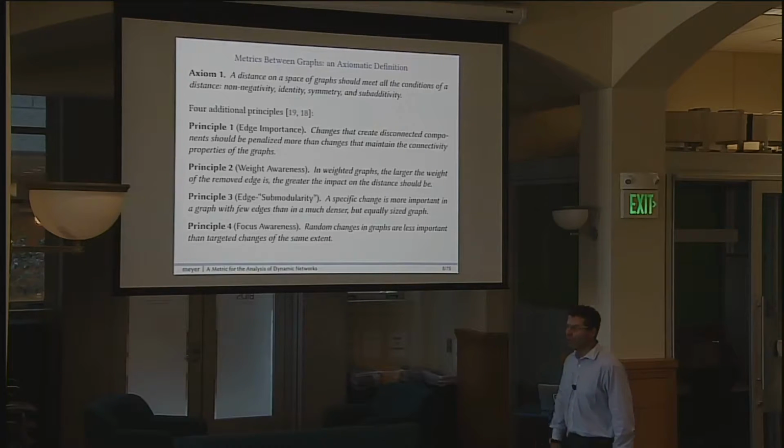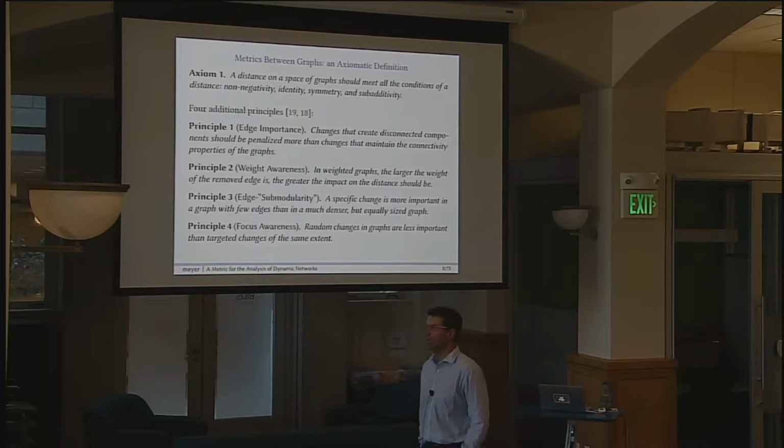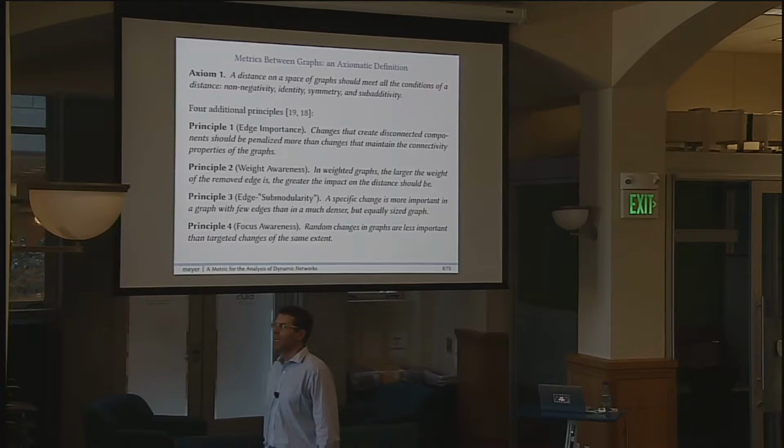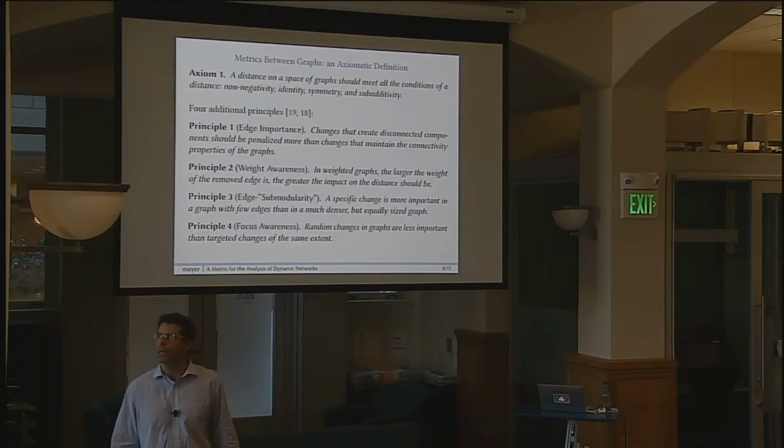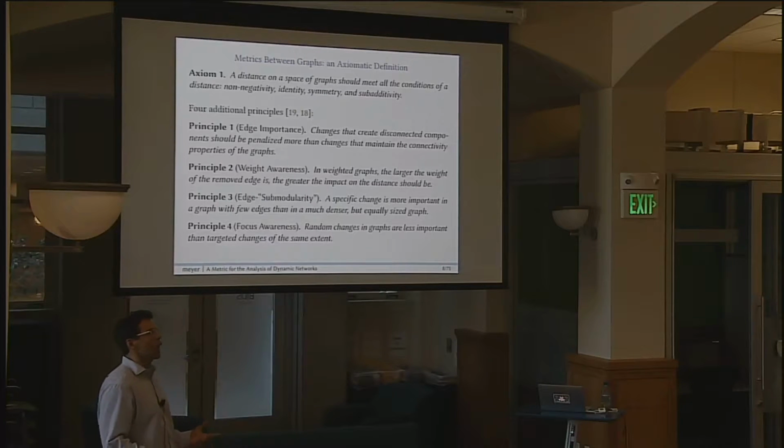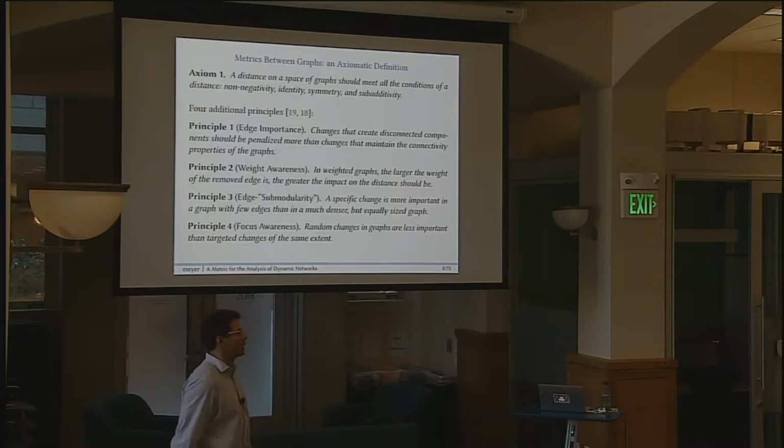Principle 4 is somewhat vague, but I'll try to give you examples of that. If we think about, for instance, a graph that is composed of very well-connected groups of people with a few edges connecting them together, then those edges that connect the communities matter most.